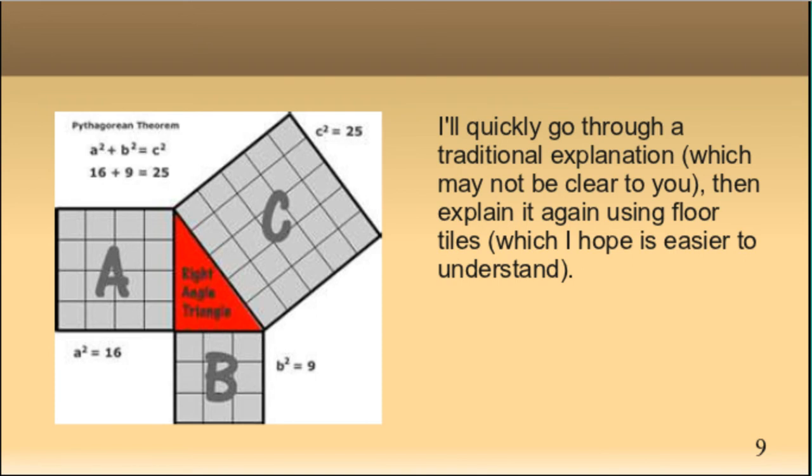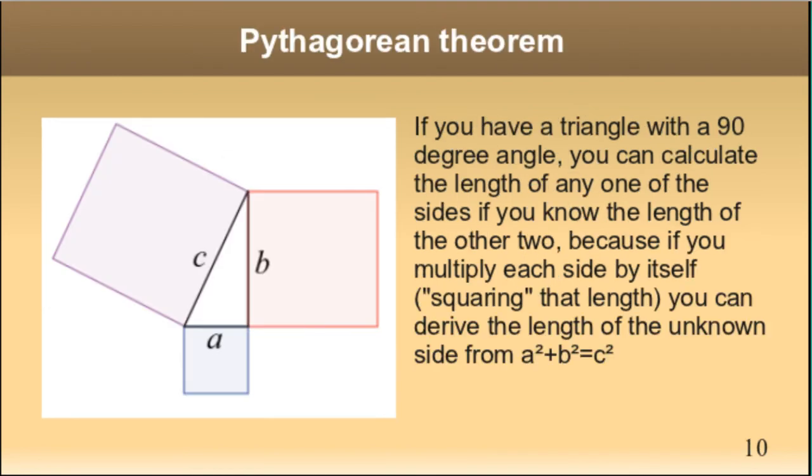I'm going to quickly go through a traditional explanation which may not be clear to you. Then I'm going to explain it again using floor tiles, which I hope is easier to understand. If you've got a triangle with a 90-degree angle, you can calculate the length of one of the sides if you know the length of the other two.